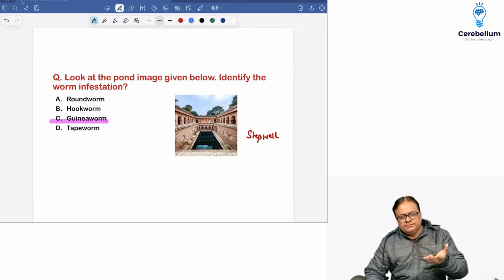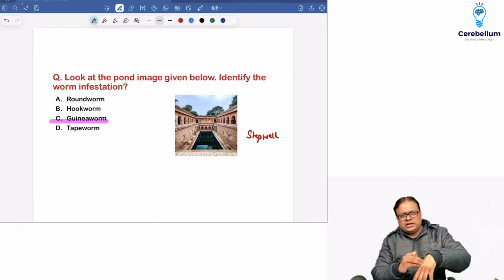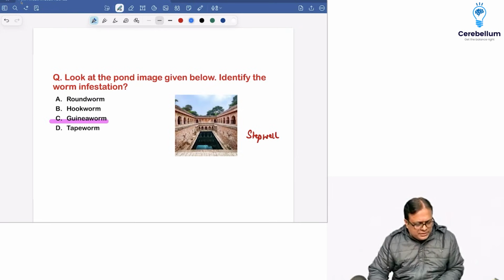When people consume infected water containing infected cyclops, or a person walks through the step well, water comes in contact, the skin of the leg ruptures, and suddenly the cycle is completed. Doesn't matter if there were pots near the step well also. Okay, this was the image given.